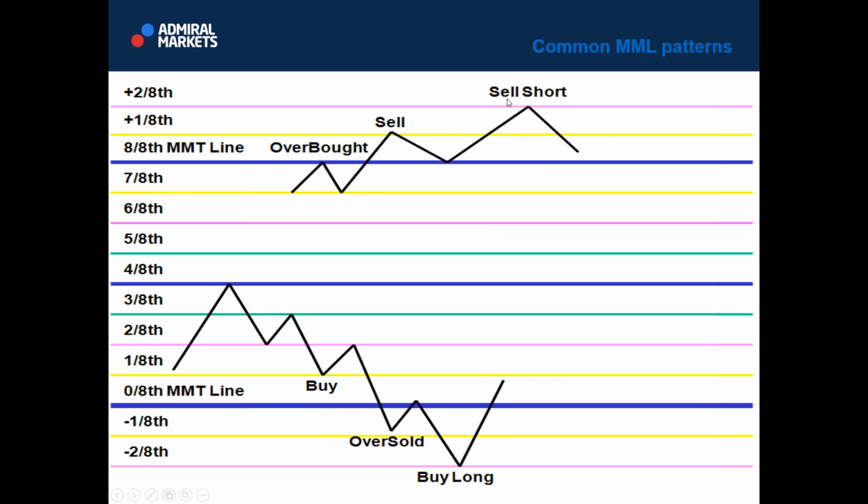So these upper zones are where we should take sell trades, and lower zones are where we could go long. The strongest are +2/8 and -2/8, but also very strong are 8/8, 1/8, 0/8 and -1/8. So those are very strong levels.